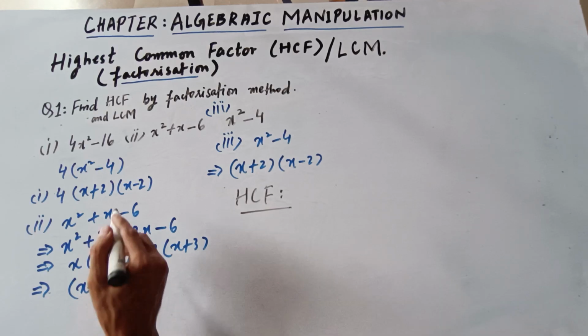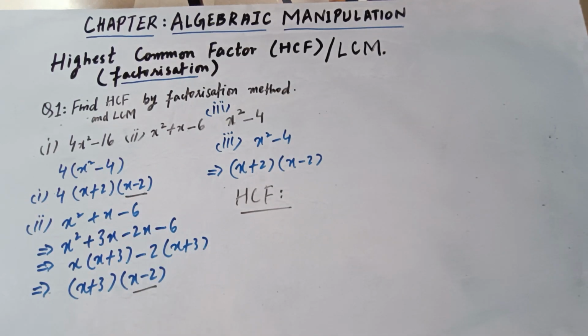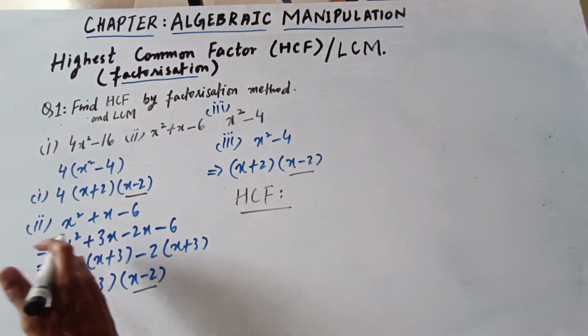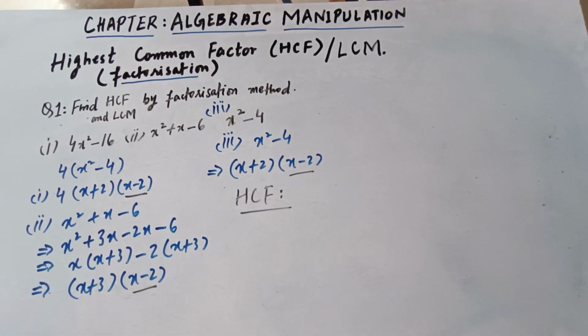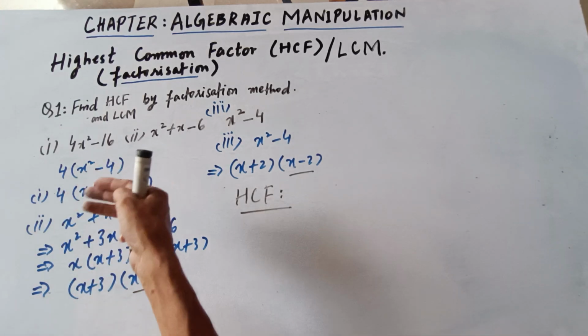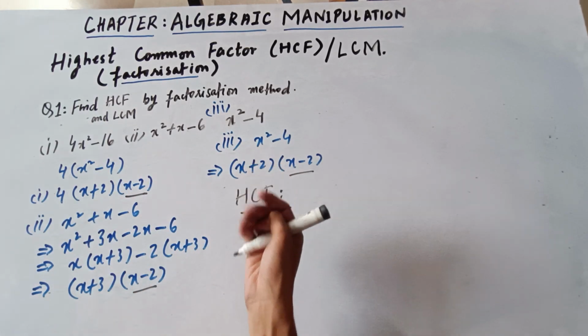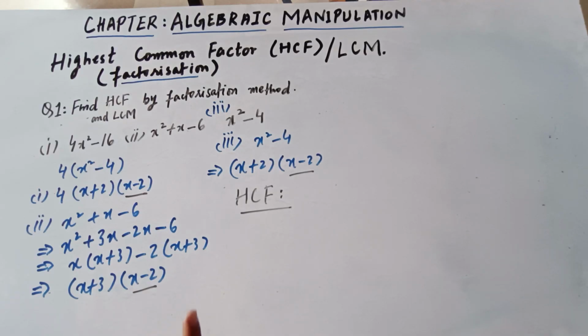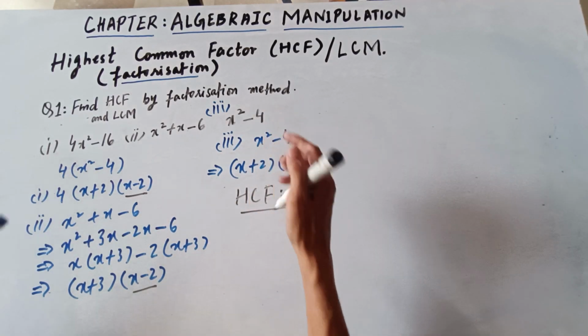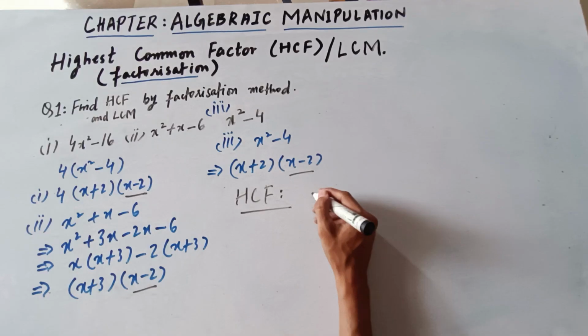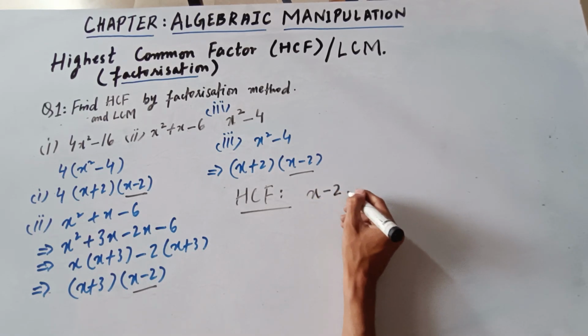Up till now this factor is common in these two, and here as well it is written x minus 2, and there is no other factor which is common in all three. You will not select a factor which is common in only 2 if there are 3 polynomials, because we are taking the common factor for all. So the SCF of these 3 polynomials is x minus 2.